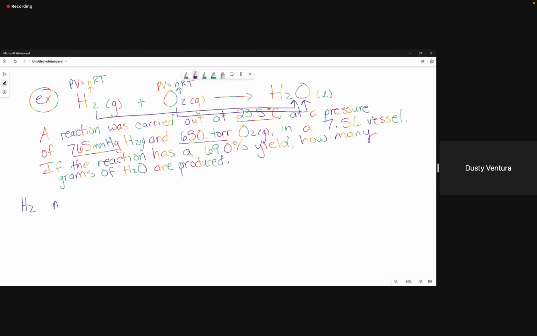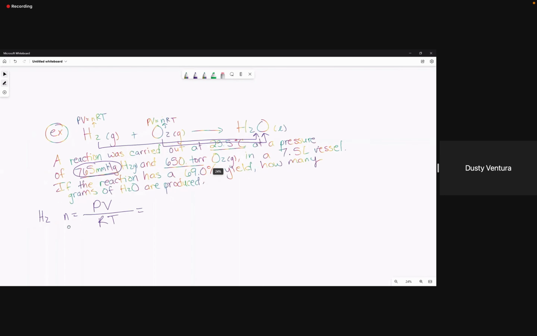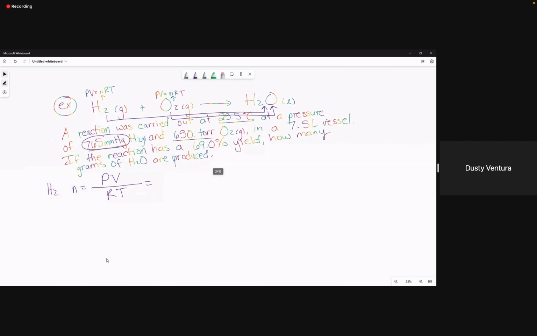So moles is equal to PV over RT. And our pressure for H2 is 765 millimeters of mercury. We have to turn that into ATM because the units of PV and RT are ATM, Kelvin, and liter.